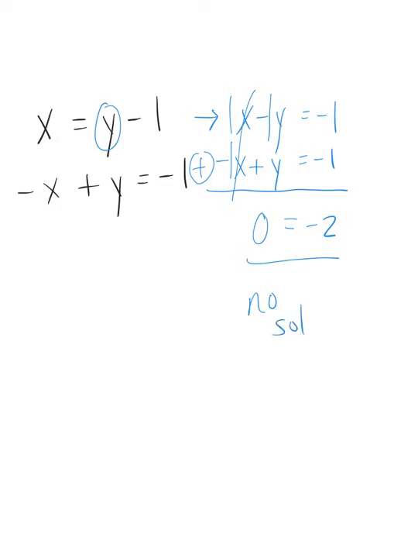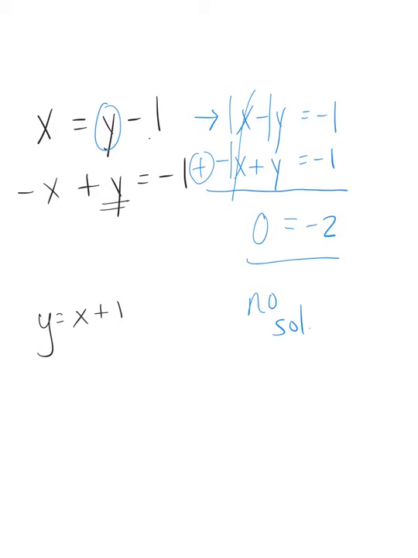You may also have noticed that if you solve for y, so if I leave the y where it is and I add the 1 to the other side, I will have x plus 1. Same at the bottom.